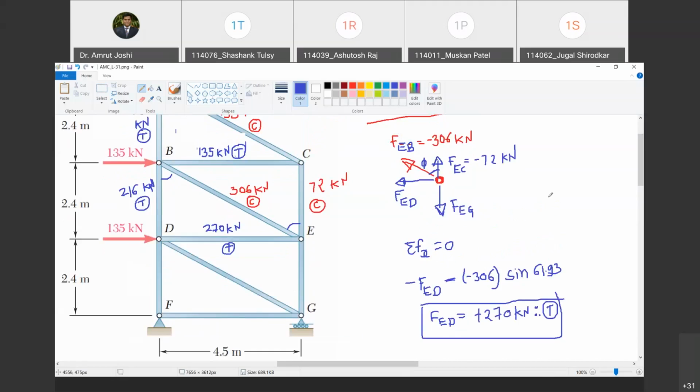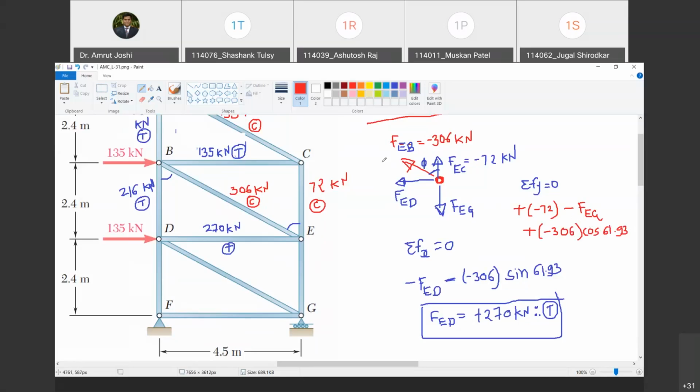We are going to apply summation Fy equal to 0. I will write the expression here itself. Summation Fy equal to 0. That gives me what? Minus 72. Yes. So plus FEC, but plus of minus 72. Are you with me? Yes, sir. And then minus FEG, and then plus FEB, minus 306 cos of 61.93.